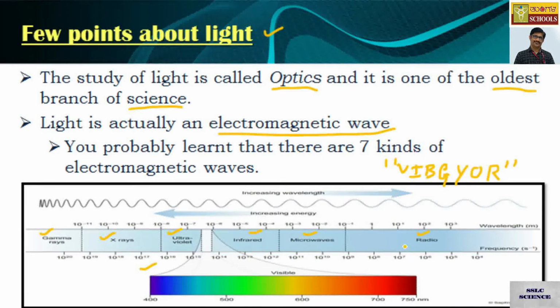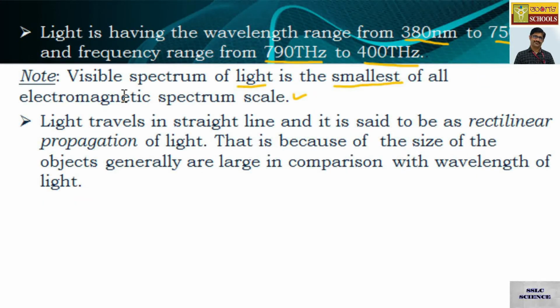No problem at all with that concept. But looking into the scale of all waves, radio waves, microwaves, infrared, ultraviolet, X-ray, gamma ray, the visible part of the spectrum is very low. So we are saying that the visible spectrum of light is the smallest amongst the entire electromagnetic spectrum.